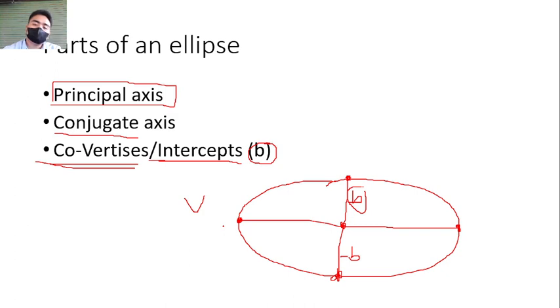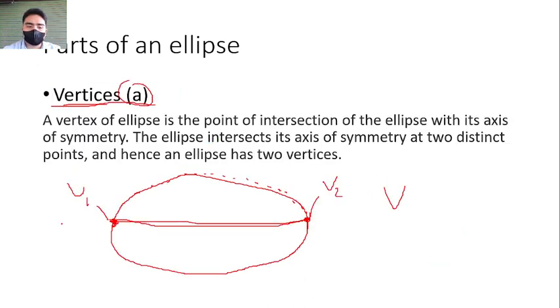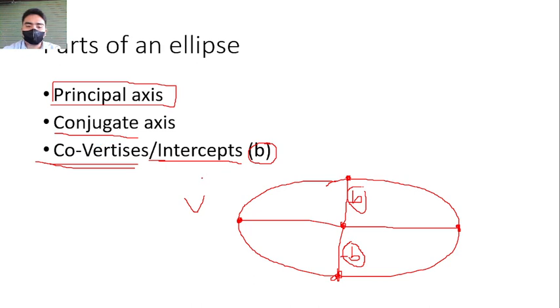Because you decrease it, no? So later on you will understand. Or let's just say B. So for your vertices, we represent it with A. Okay? We represent it with A. So therefore, coming from your center up until your vertices, the value of it is A. Same goes for the other side.